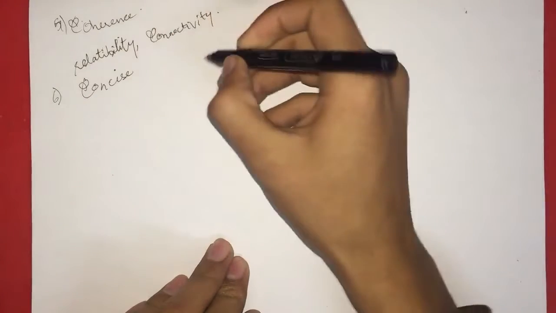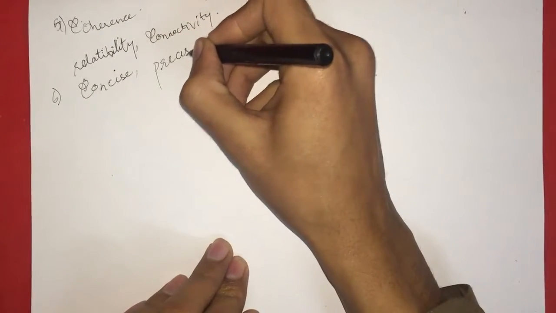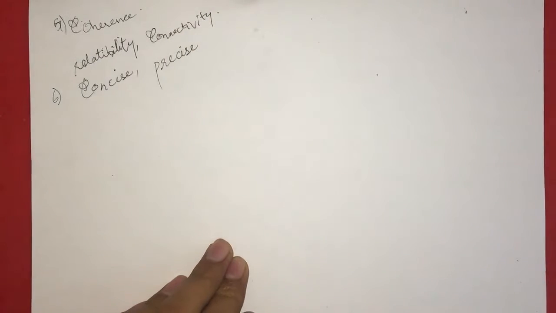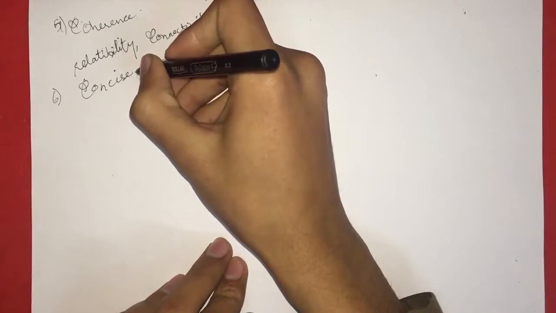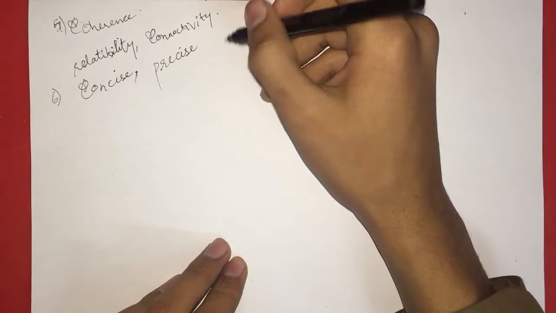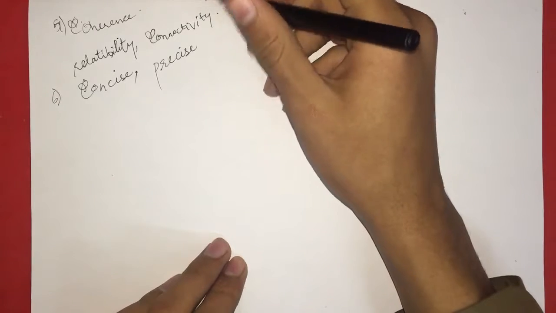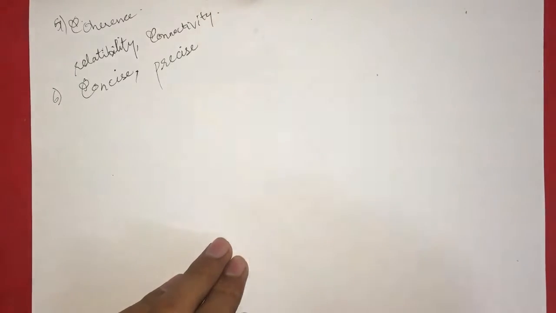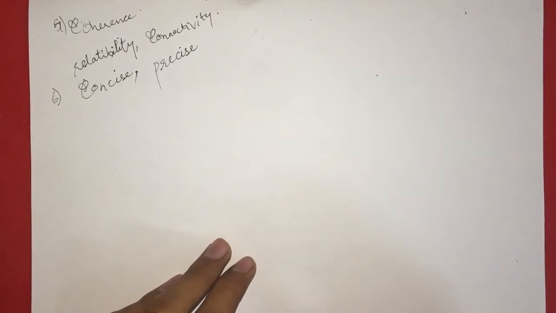You have conciseness, or you can say precision. So you have to be accurate. At least try to be accurate and precise in whatever information you put in your letter, and in whatever way you express it. So try to be precise, and do some research beforehand, and really try to be accurate and precise in your letter.